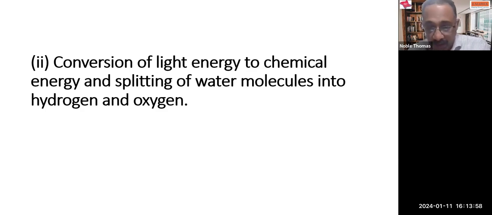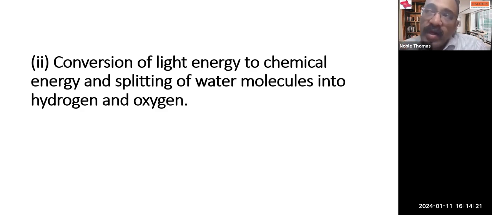But the amount of energy absorbed by the plant from the sun is just 1%. And what is that 1%? That 1% is this conversion rate. Which conversion rate? Absorption of light energy from the photon to the electron.